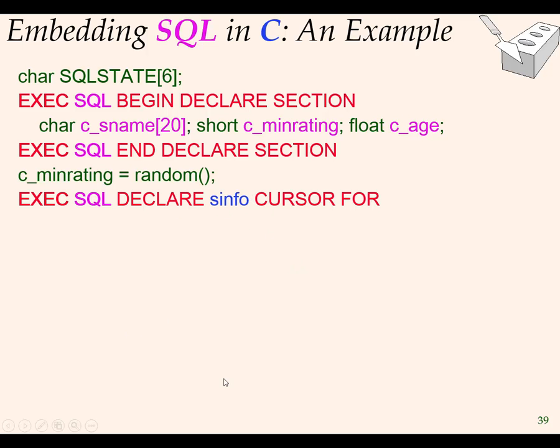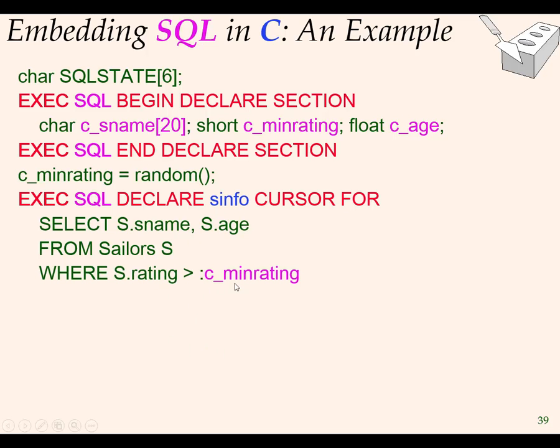This is the only thing you choose. So my cursor is going to point to the result, two attributes returning sname and age from sailors, where the rating is greater than c_minrating, which should be in pink. It's a host variable. And also I'm going to order by sname, by the sailor name.